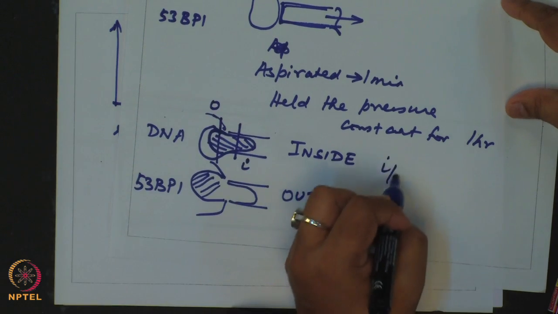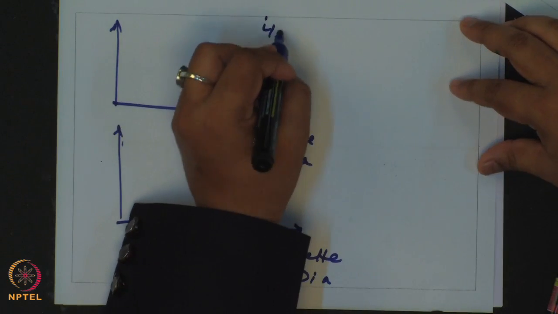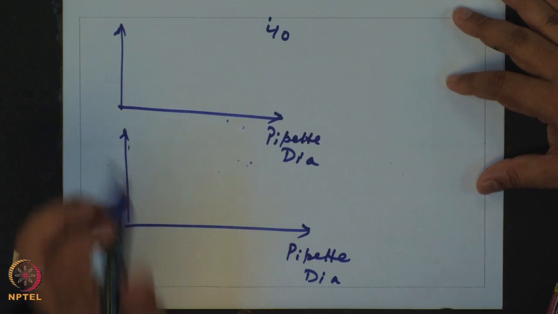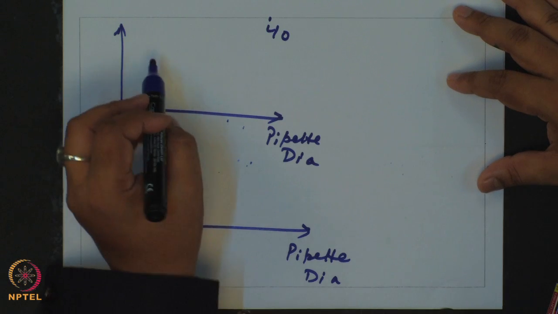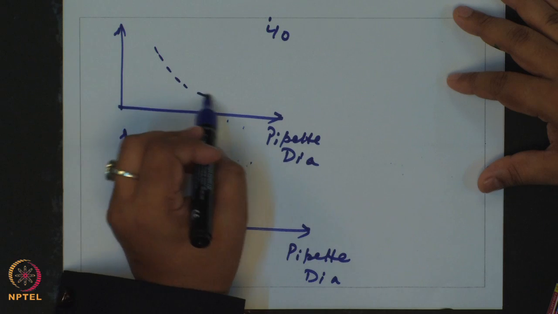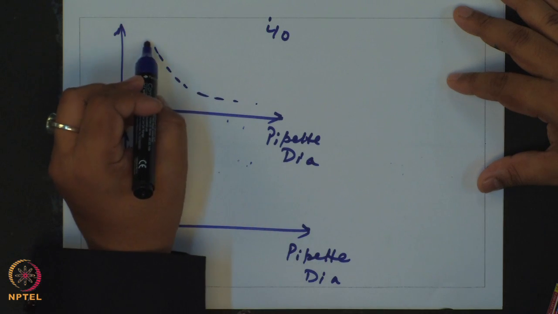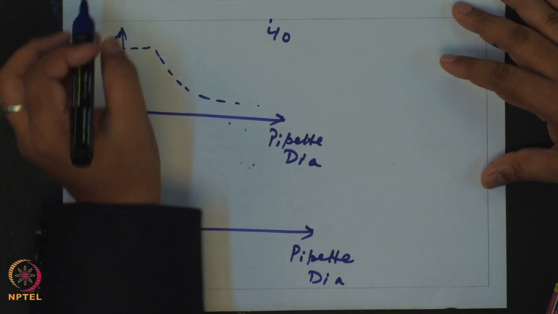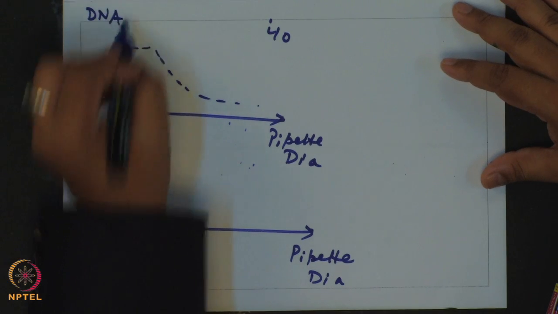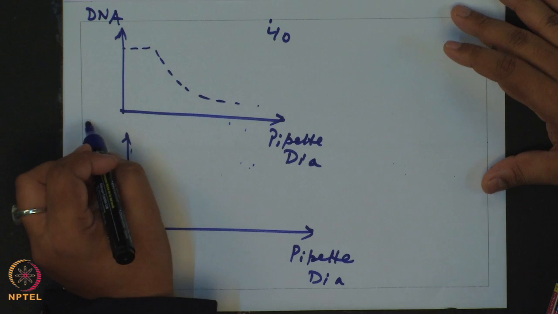So they are tracking the ratio I by O. So, what they found was, with increase in diameter, this is the DNA intensity ratio, and this is all the mobile proteins.